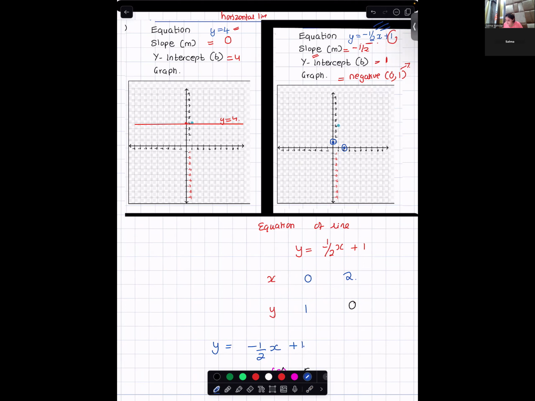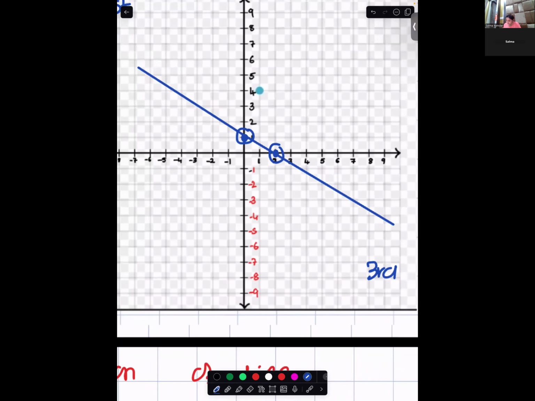Since it is a negative slope, which quadrants will it cover? It will cover the first and the third quadrant. It is a negative slope. This would look something like this.